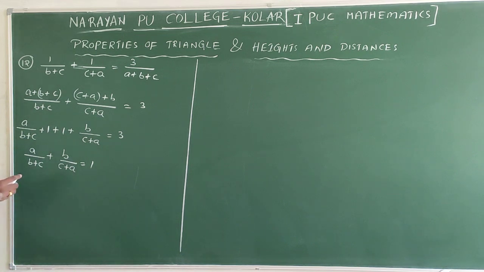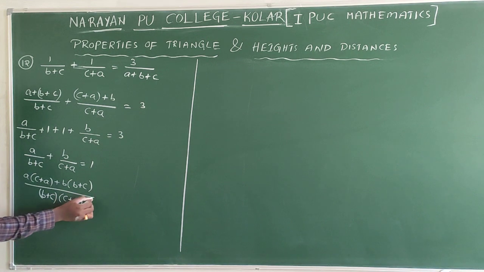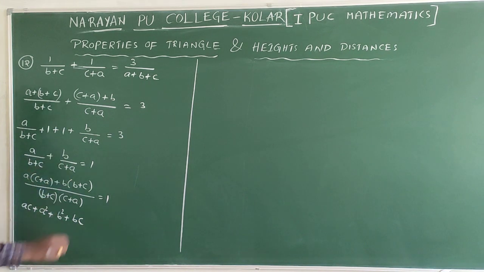Cross multiply. Now A into C plus A plus B into B plus C by B plus C into C plus A is equal to 1. Now simplify this. A into C, AC, A into A, A square, B into B, B square, plus B into C, BC.